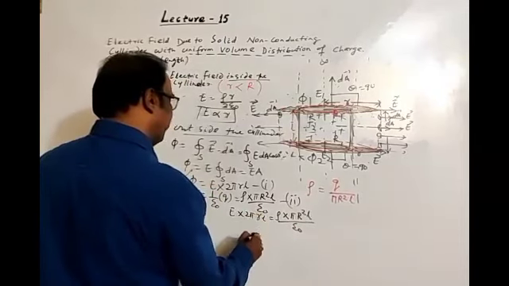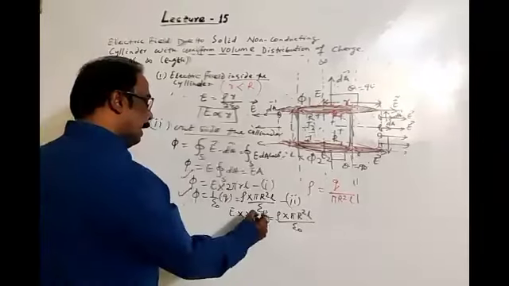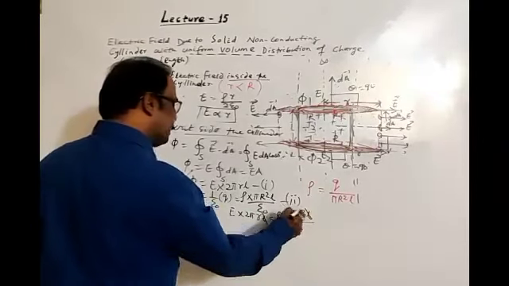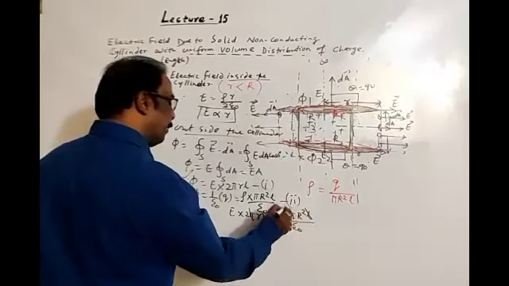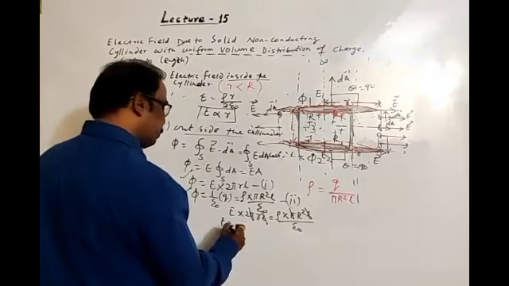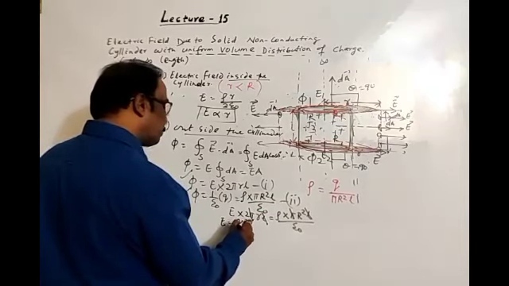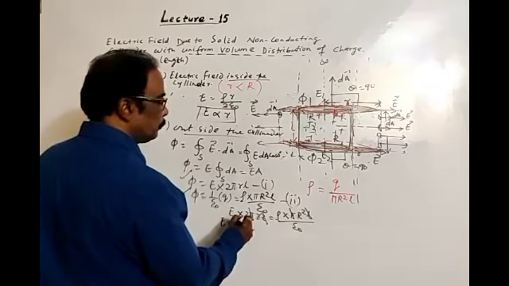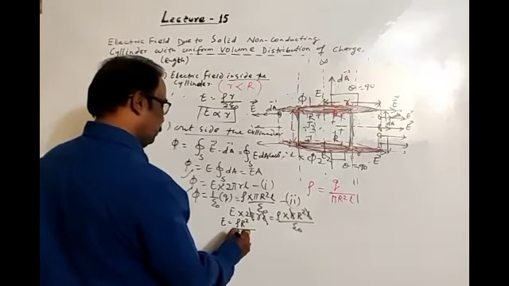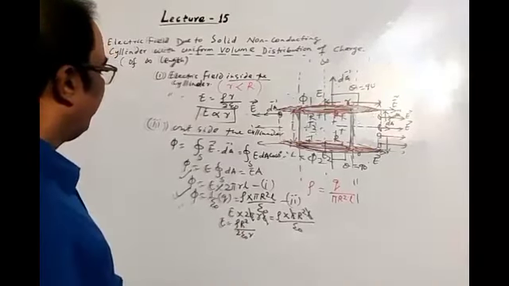L gets cancelled, pi gets cancelled, then the final answer: electric field is volume charge density rho into r square divided by 2 epsilon naught into R.